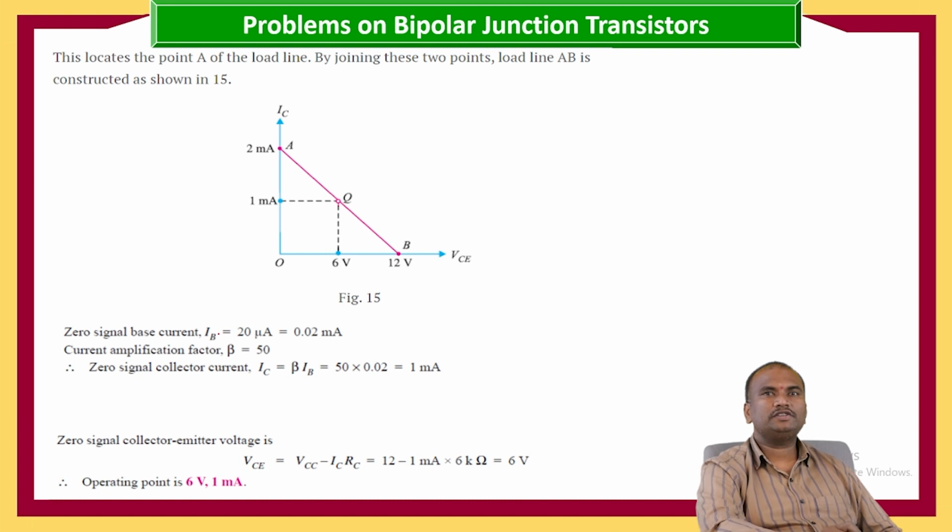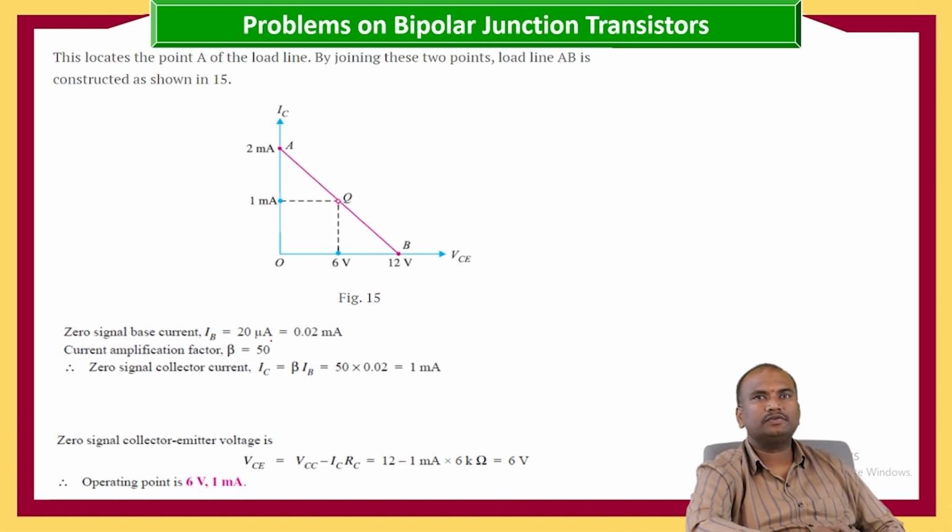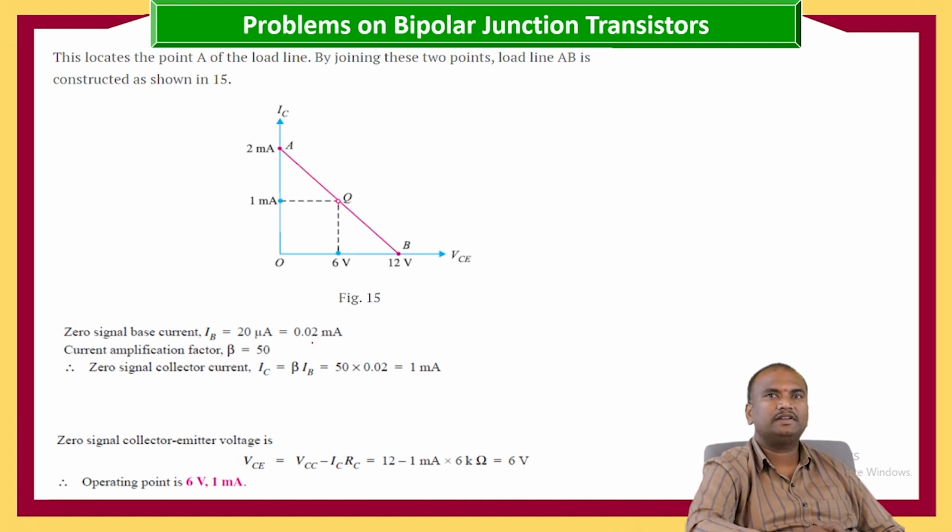And zero signal base current IB is equal to 20 microamperes, that is nothing but 0.02 milliamperes. And current amplification factor is 50, where IC is equal to beta into IB, that is 50 into 0.02, that is 1 milliampere.